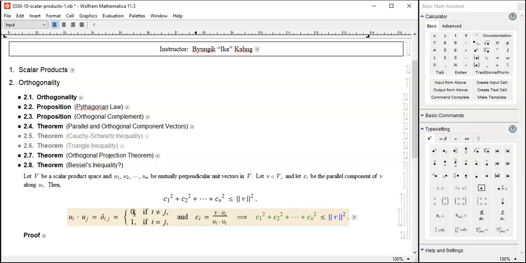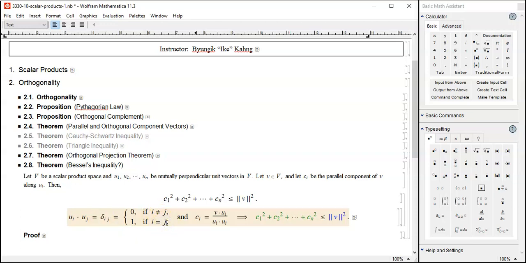And when they are the same, the dot product of itself is the norm squared, and this is a unit vector, so the norm is 1, so norm squared is equal to 1. So we have 0 whenever i and j are different, 1 when i and j are the same, and this expression is often abbreviated into delta ij for simplicity.